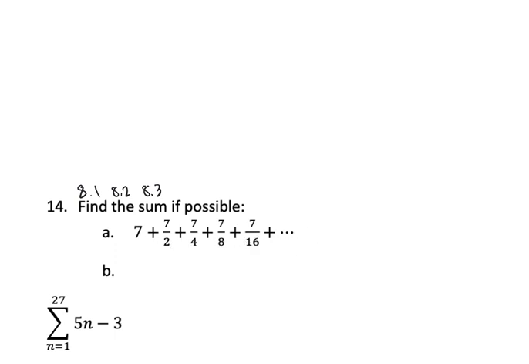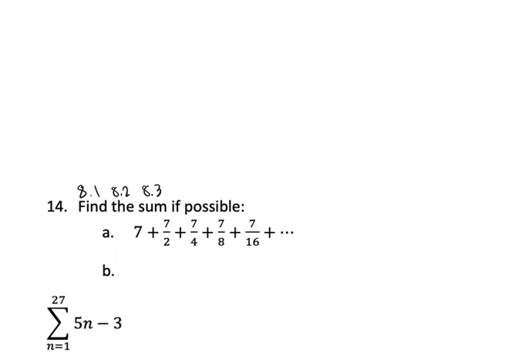This is an infinite sum, that you can only find if it's a geometric sequence. So first we have to determine what kind of sequence this is. The terms of the sequence are 7, 7/2, 7/4, 7/8. So to go from 7 to 7/2, you multiply by 1/2, and then to go to 7/4, you multiply by another 1/2. So we're multiplying by the same number, 1/2, that makes it geometric.